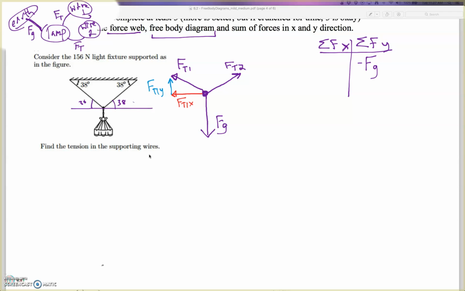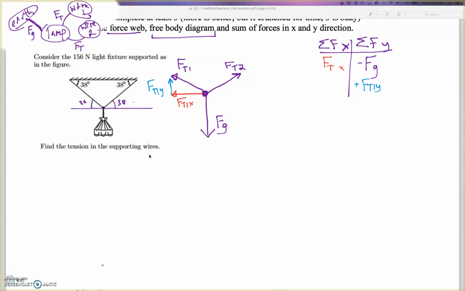And I can say that those should go into my table. So in the y direction, force tension 1 is up, so it's positive. And then in the x direction, force tension 1 in the x direction, I missed the y at the end of that, I'm sorry.